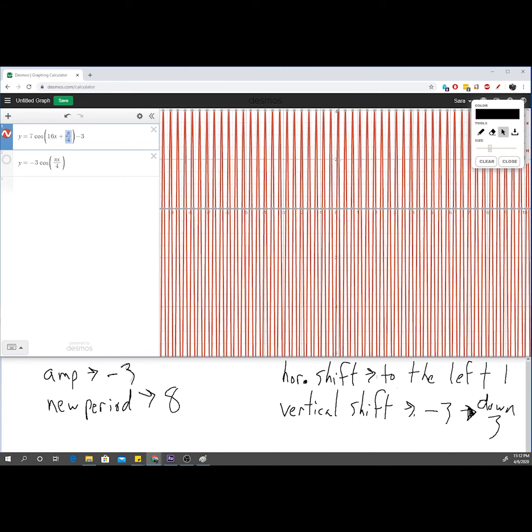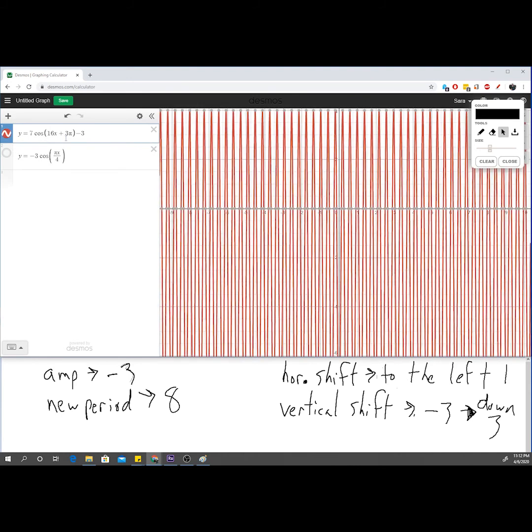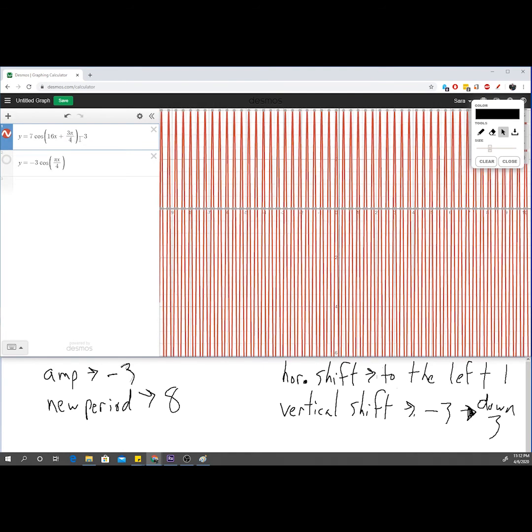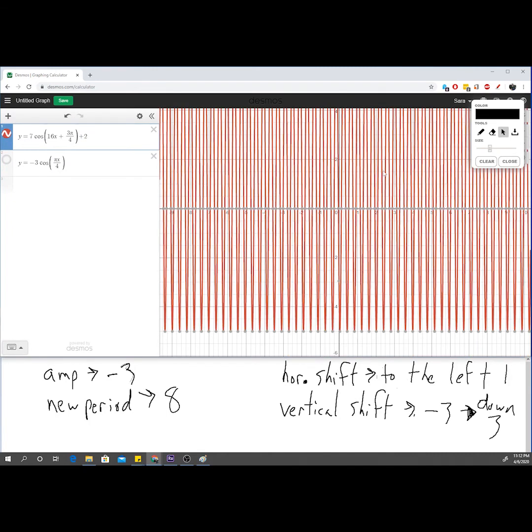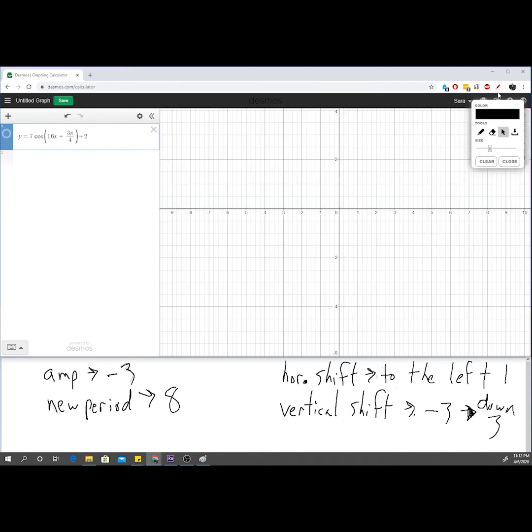I'm going to shift it. Let's shift it by 3 pi divided by 4. And let's move it up 2. All right, so I have something super crazy here. That's okay. I'm not going to pick my window until after I go through and identify all of my important pieces.